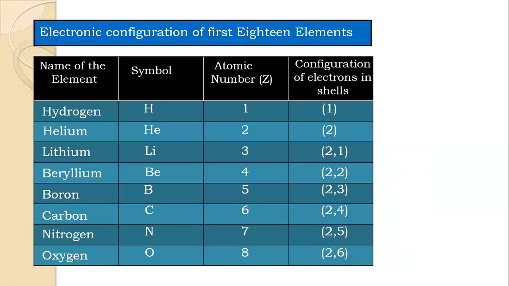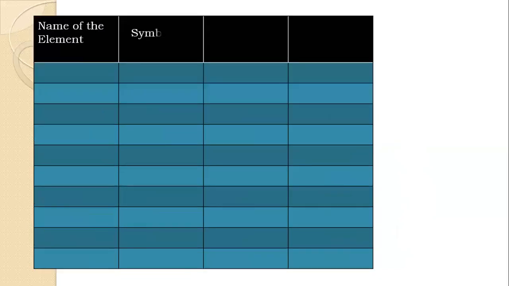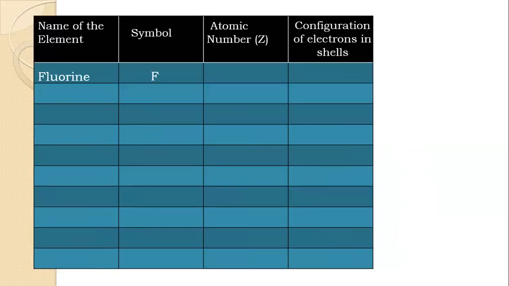Okay, so moving on to the next element, that is fluorine, electronic configuration 2, 7. Now you all tell me students, what would fluorine do? It has 7 electrons in the second shell, which is the last shell. Absolutely correct. Fluorine will take 1 electron and complete octet rather than giving 7 electrons to complete duplet.